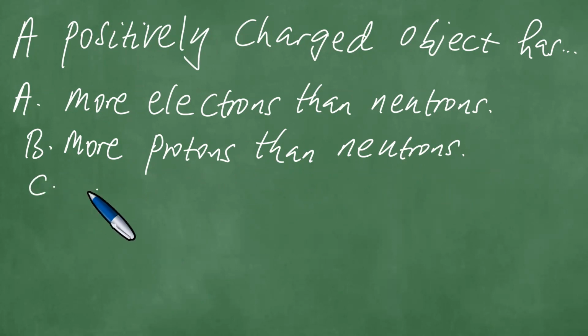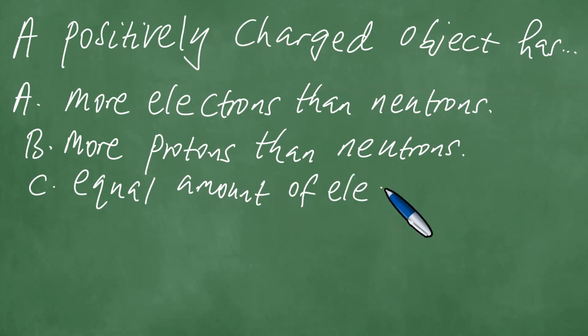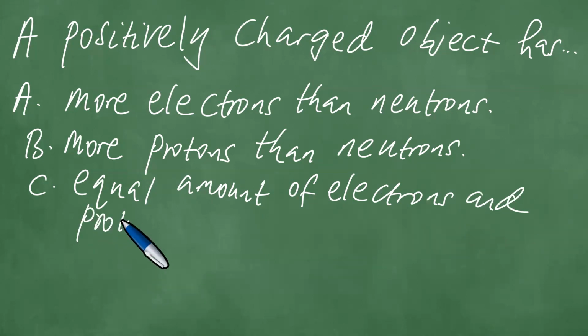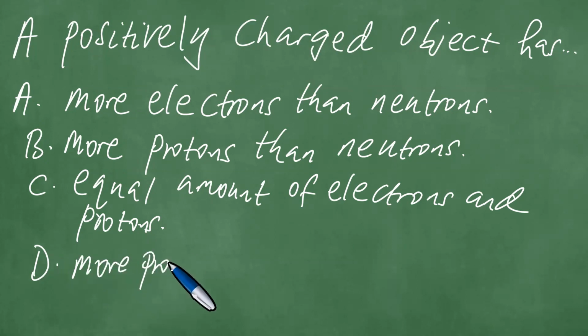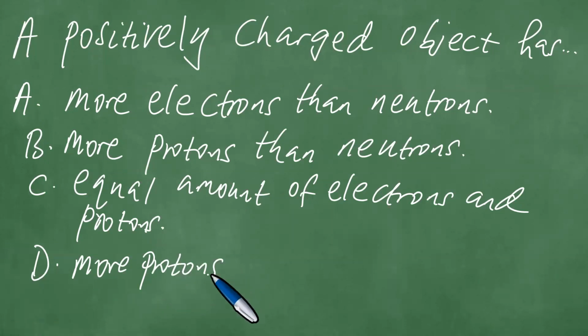C, equal amount of electrons and protons. D, more protons than electrons.